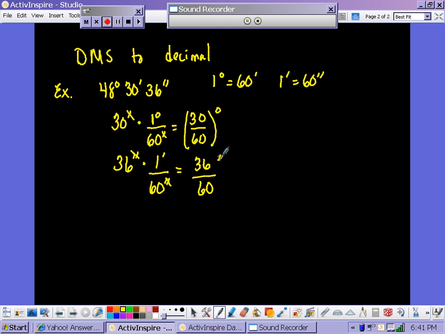I keep saying seconds, but this is actually minutes. So then we're going to multiply 36 over 60 by 1 degree over 60 minutes, because we want our minutes now to do what? Cancel out. So we end up with 36 over 3600 degrees.